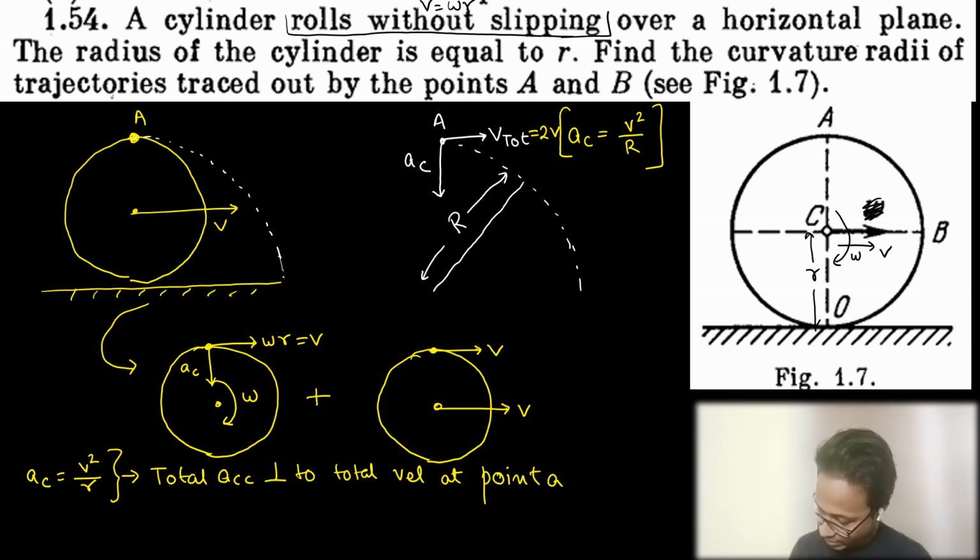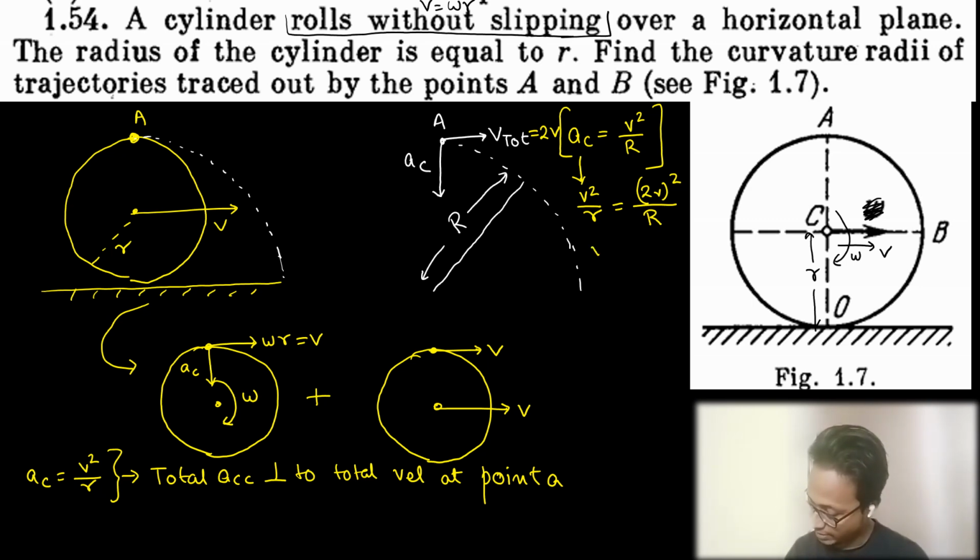So can I substitute this value out here and this total velocity value out here? If I substitute, a_c is equal to v square by small r, where small r is the radius of the wheel, equal to v square, which is nothing but the total velocity, 2v whole square by capital R, where capital R is the radius of curvature.